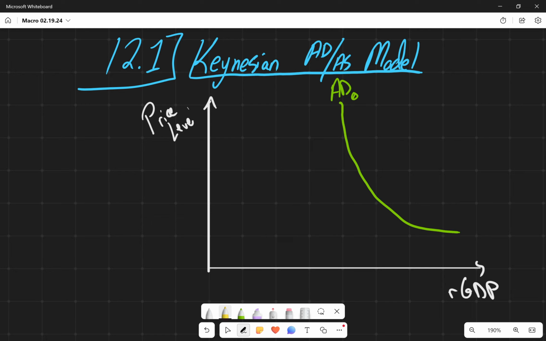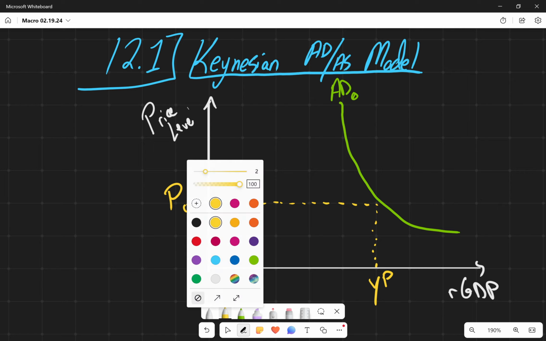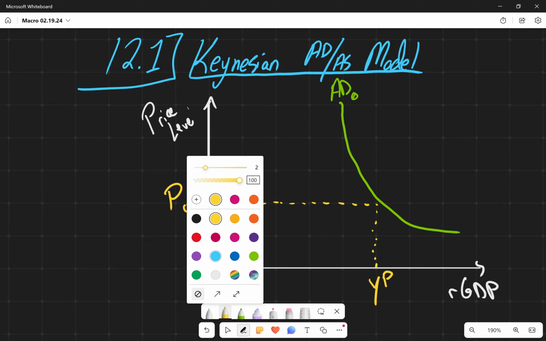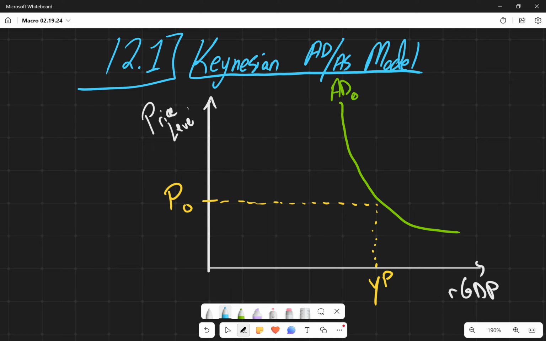So the Keynesian aggregate demand, aggregate supply model states that when we're at the price level that corresponds to our potential GDP, that this point here above this point, because it's potential GDP, right?